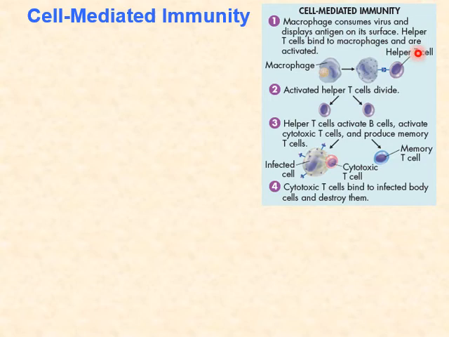The activated helper T cells will divide, and they will in turn activate B cells to produce antibodies which can kill antigens, and they also activate cytotoxic T cells which kill infected body cells, and they also produce memory T cells which will provide the secondary response, which is very fast and immediate as compared to the normal T cells.